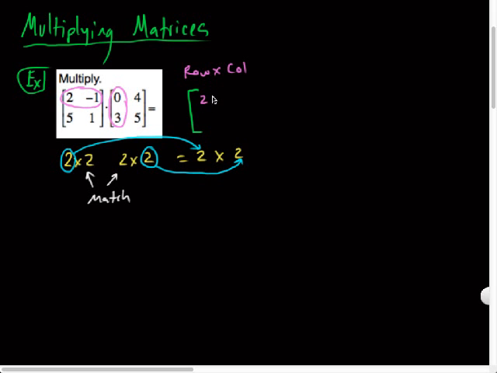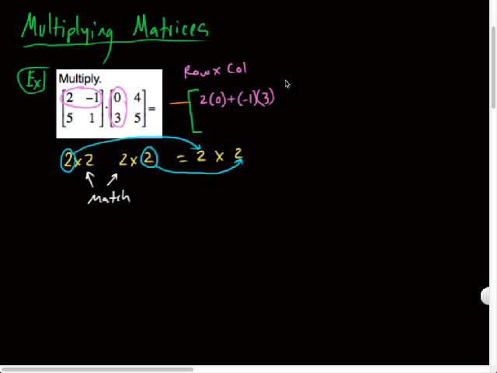So let's see. I'm going to have 2 times 0 and -1 times 3, and it turns out that I'm going to add my results. That's where the first answer would come from. Craziness, I know. Now for my next element, this is in the first row, second column.